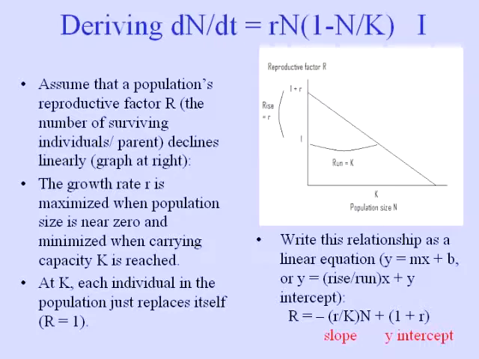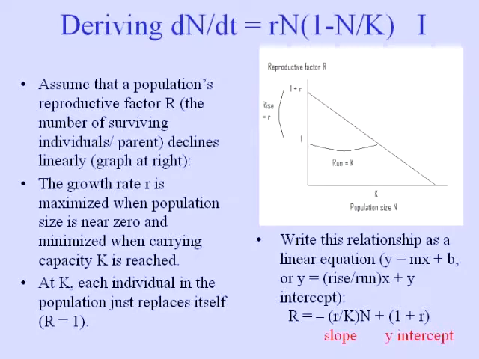So at carrying capacity, at K, we can expect that each individual in a population will just replace itself, so that the reproductive factor at this instance is going to be equal to 1. So every time an individual dies, it's replaced by one individual, so population is no longer growing.